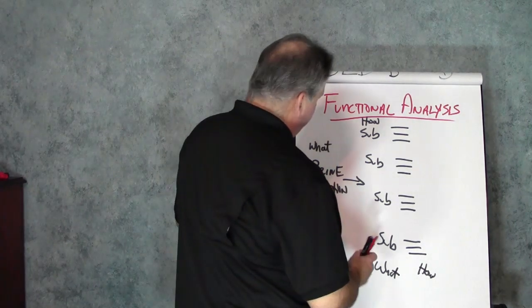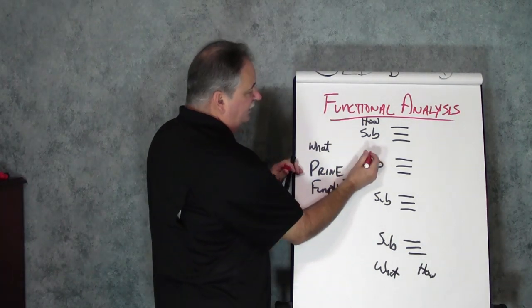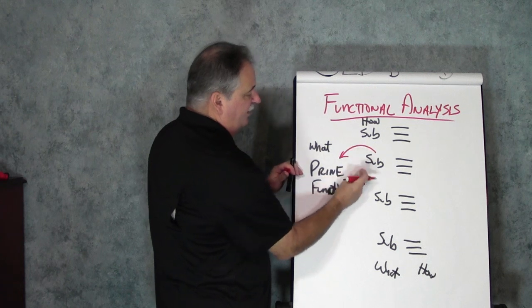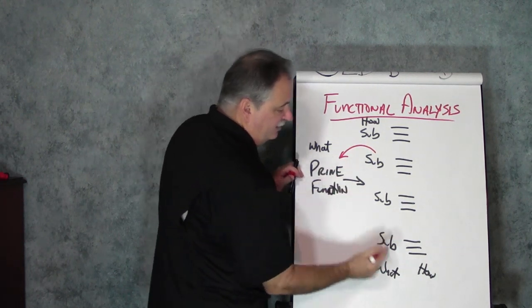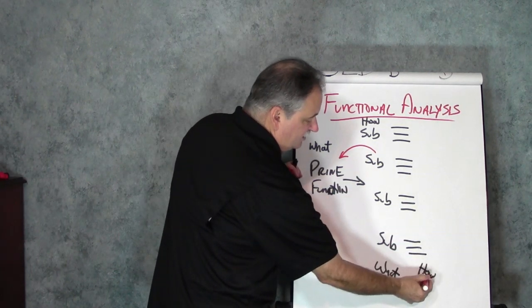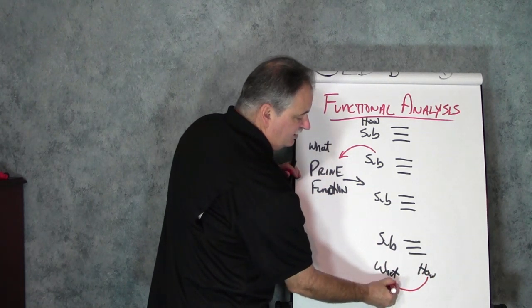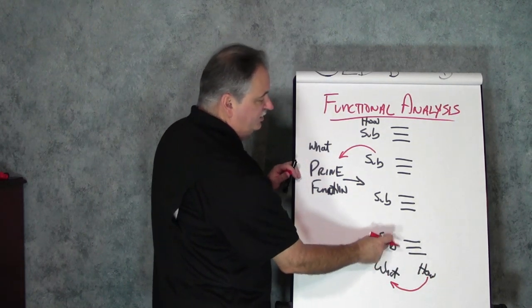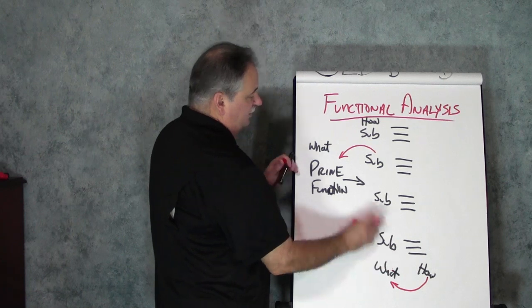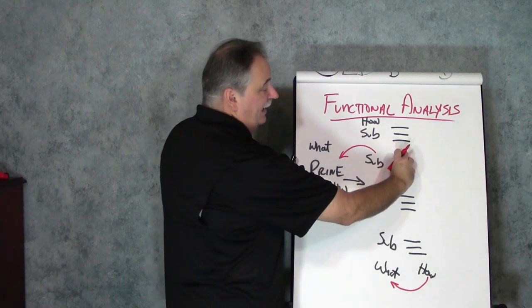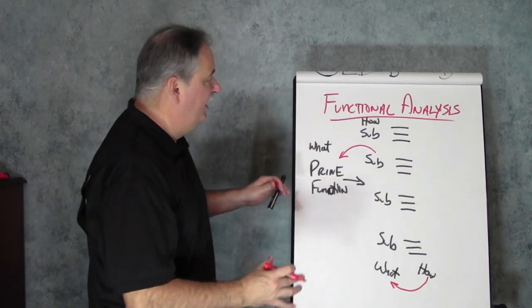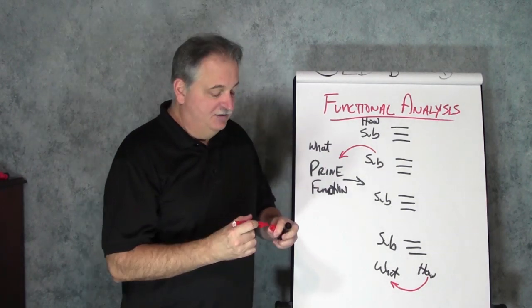So the way it works is the subs tell us how we're going to achieve this. These sub-functions tell us how we're going to achieve these. So it's a what, how relationship that we have in our function analysis.